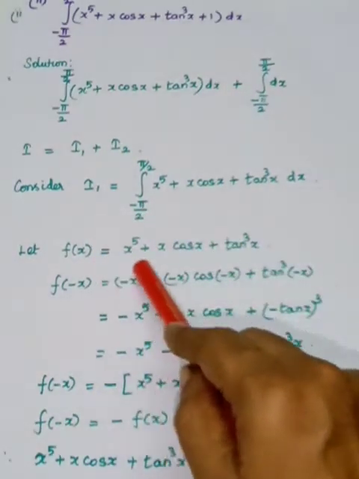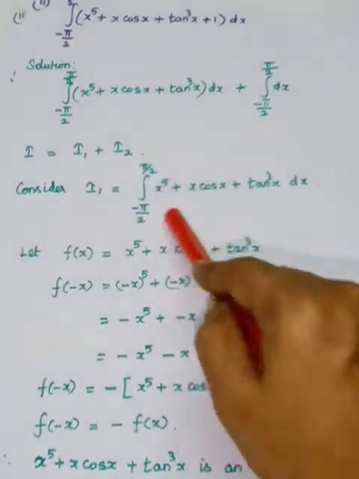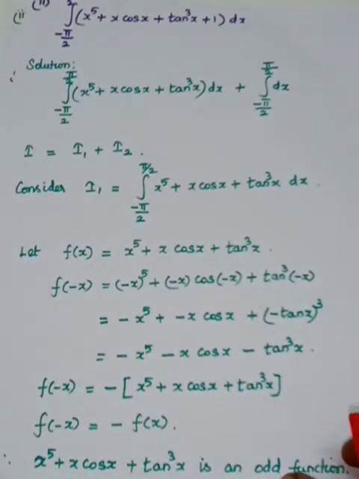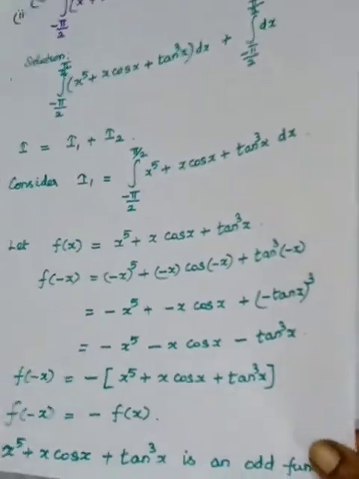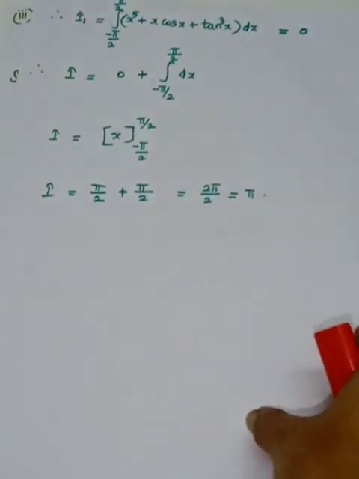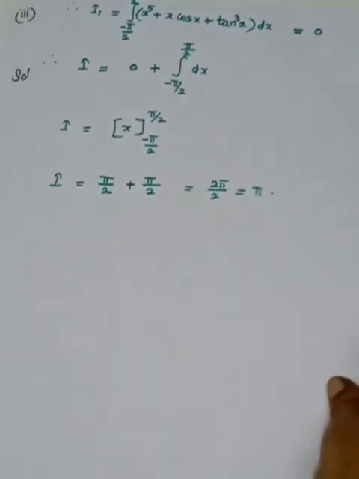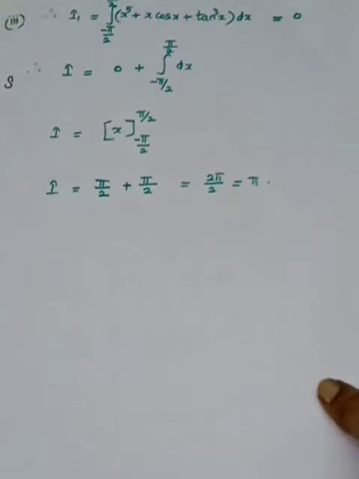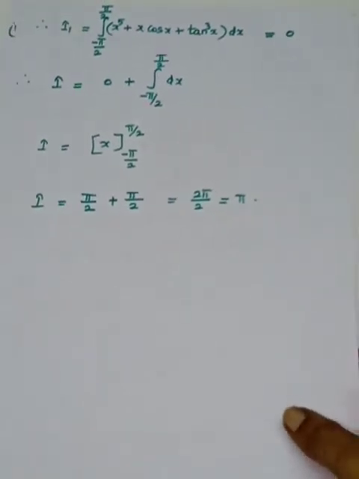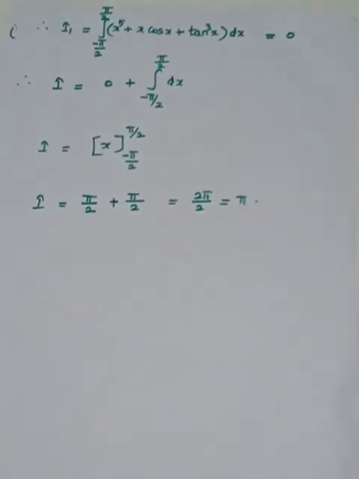Since f of x is odd, its integral value is equal to 0 according to the property. So that's why I1, the integral from minus pi by 2 to plus pi by 2 of x power 5 plus x cos x plus tan cube x into dx, is equal to 0.